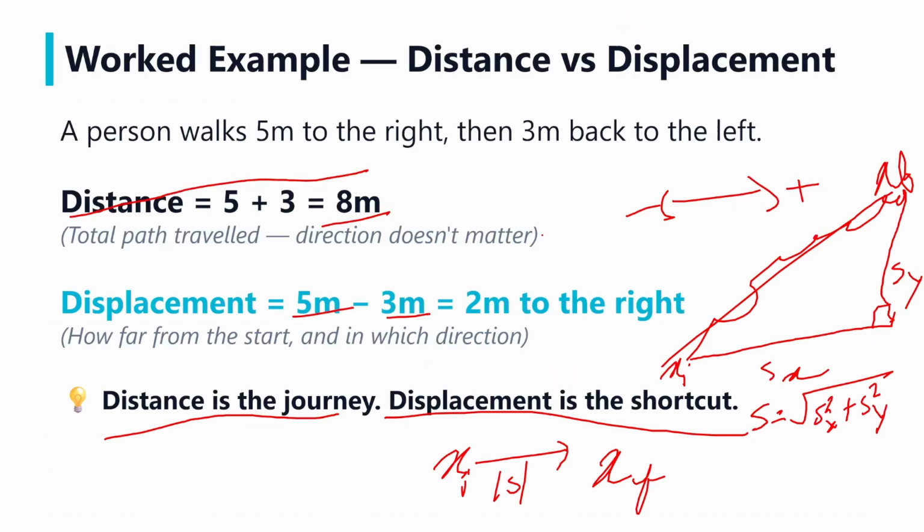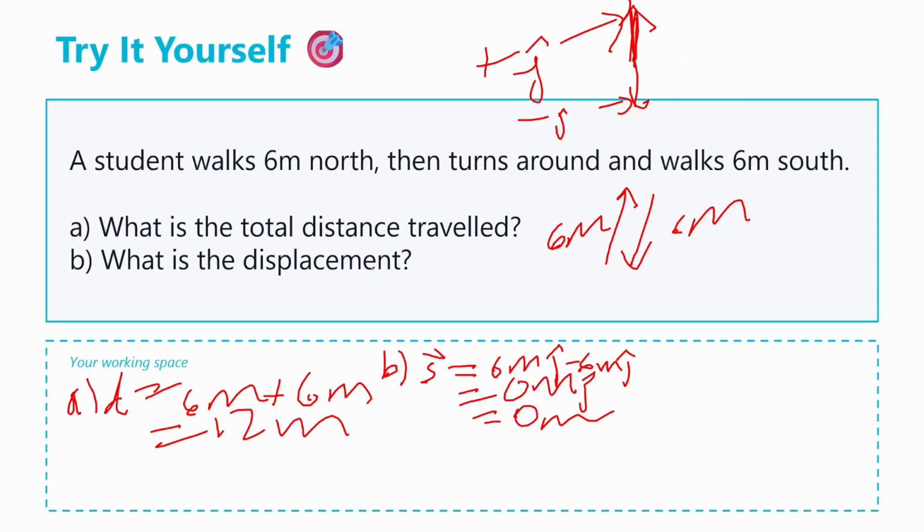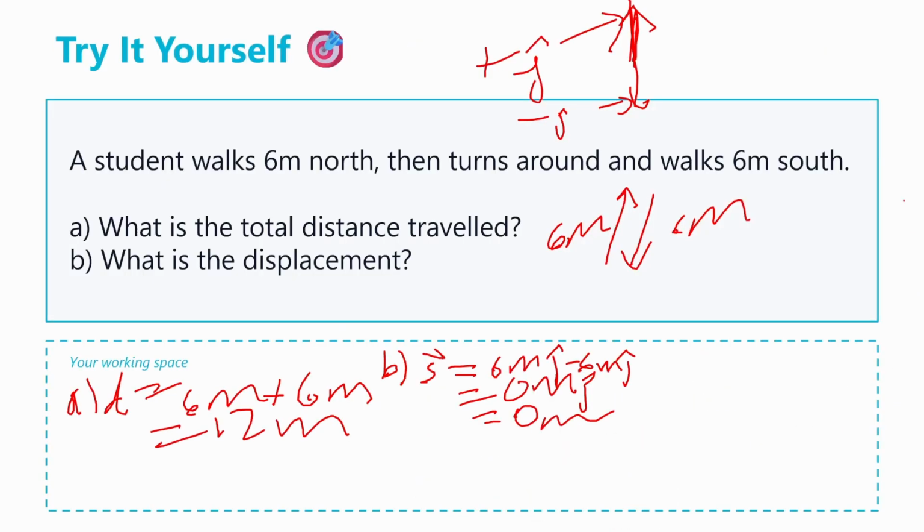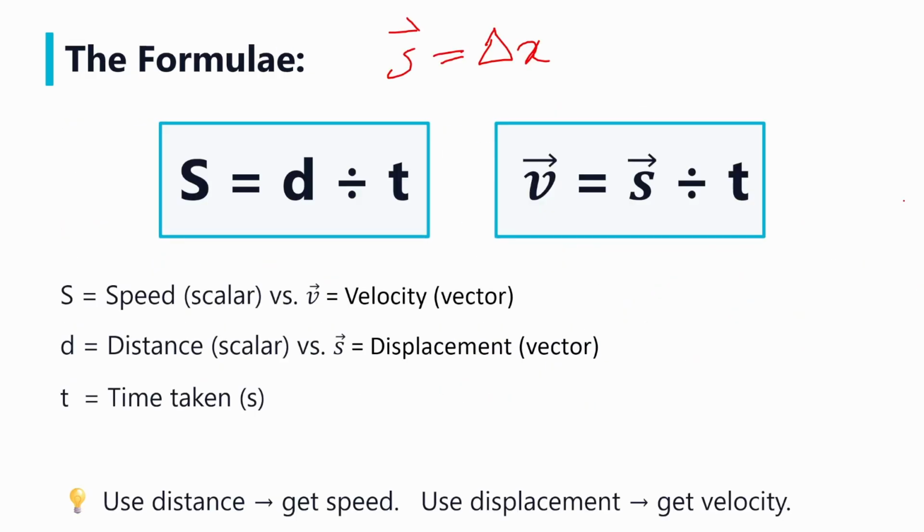So in the same way here, the first position was 5, but then they went back minus 3, that's 2. And we also use the X symbol right here, and also in this diagram. So that's why you don't use change in displacement, although you can if it's required, but usually you'll just find the displacement.